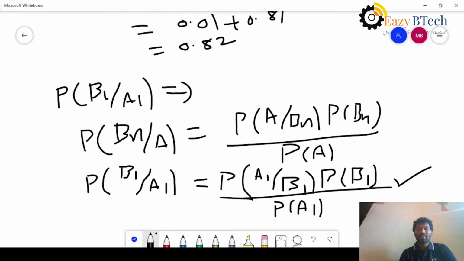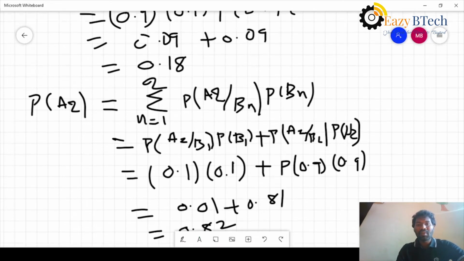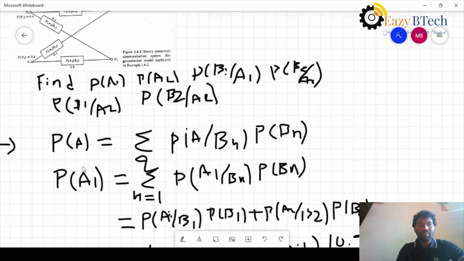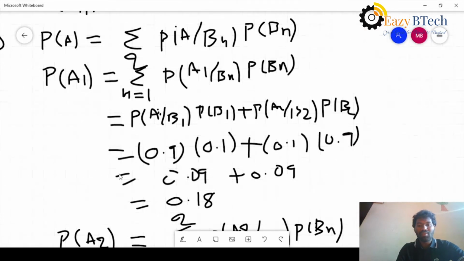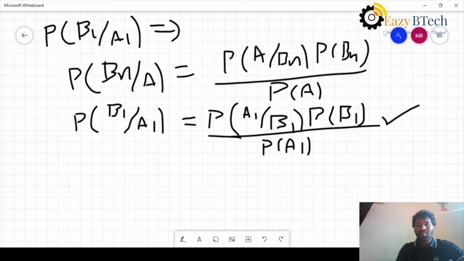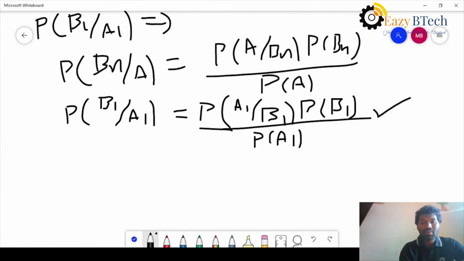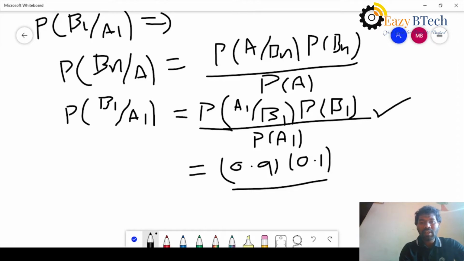So A1 given B1, we already know. What is the value of A1 given B1? The value of A1 given B1 is equal to 0.9. So 0.9 into P of B1, we take 0.1, and we have already calculated P of A1.